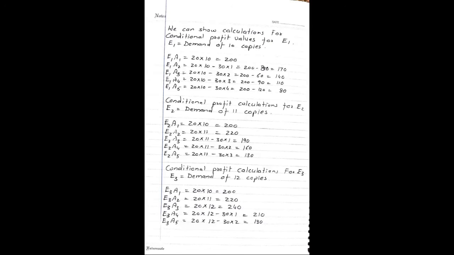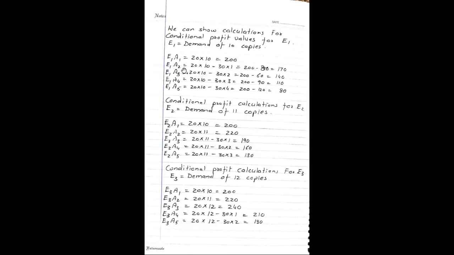Then we will fill all these values. The values can be calculated as follows. So conditional profit values for E1. E1 is nothing but demand of 10 copies. Demand of 10 copies and stock of 10 copies. So 20 into 10 becomes 200 paise.